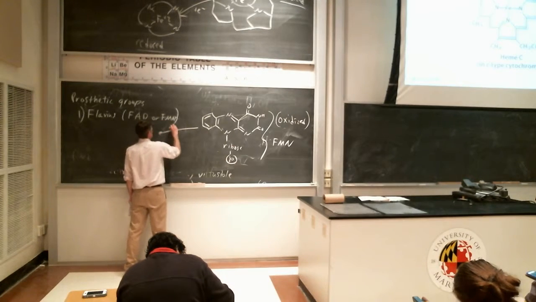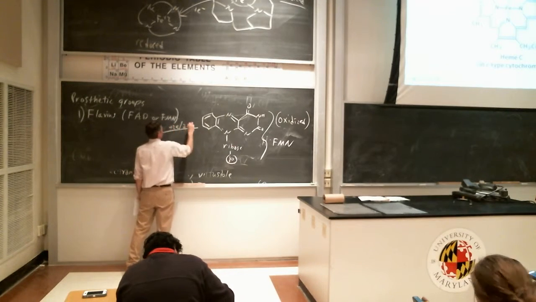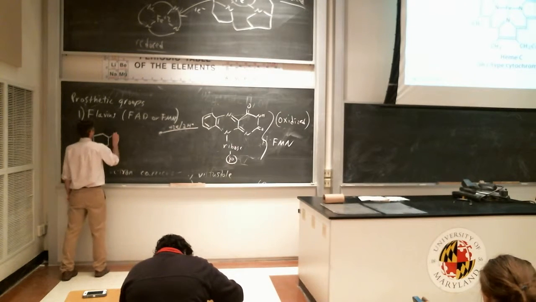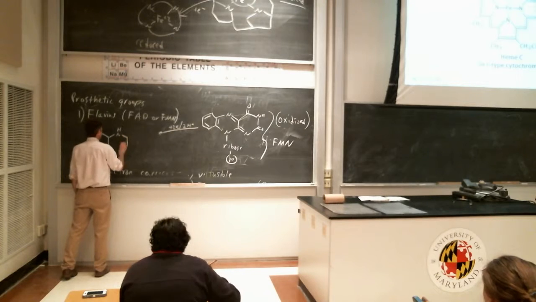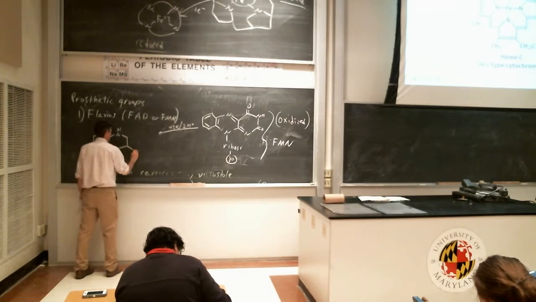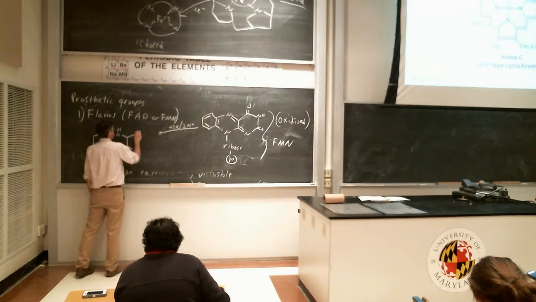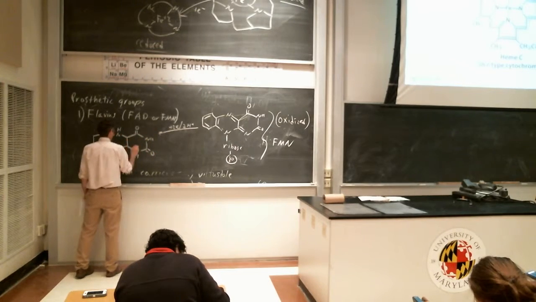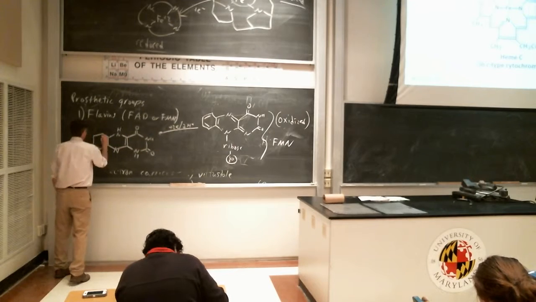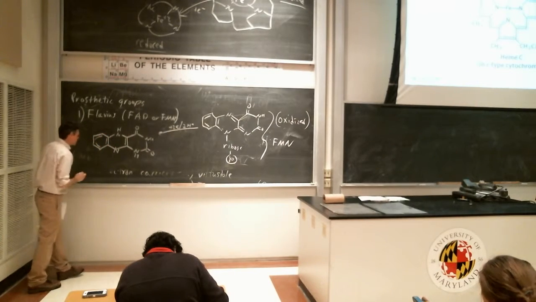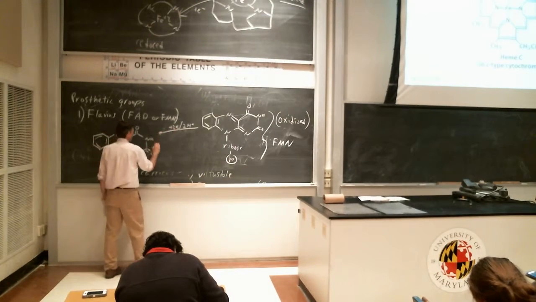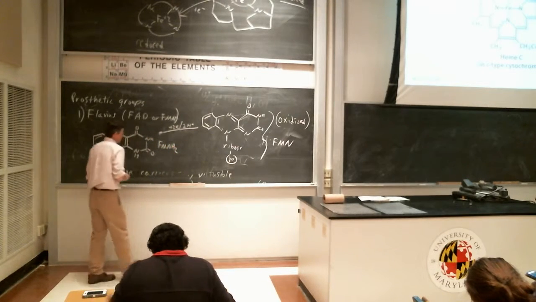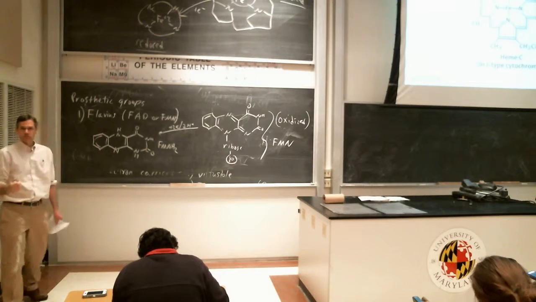And so the reduced form, the FADH2. So that would look like that, and the rest of it isn't changed. So if this is FMN, we call this FMNH2, and that's the fully reduced form.